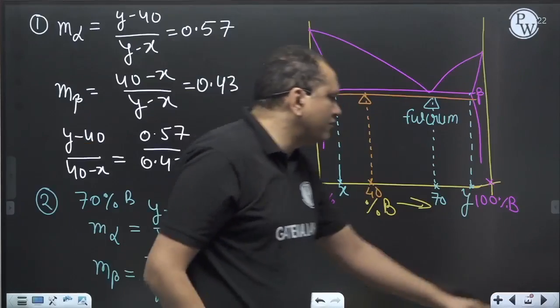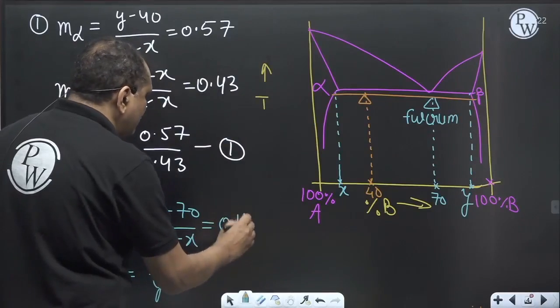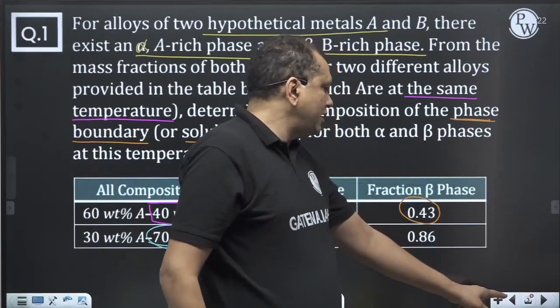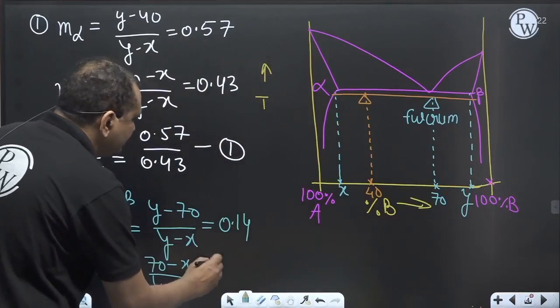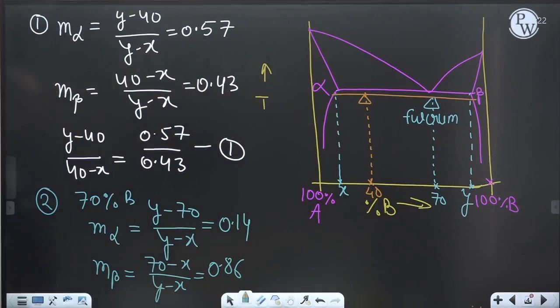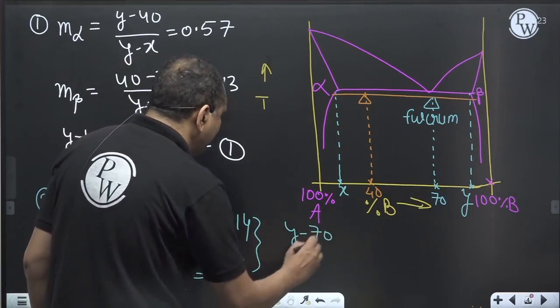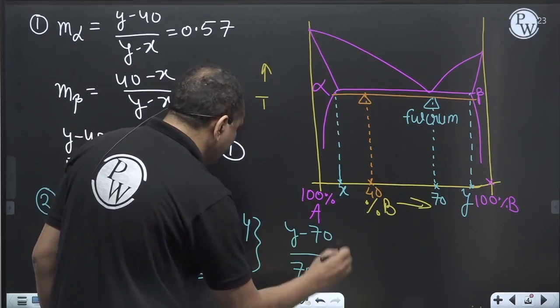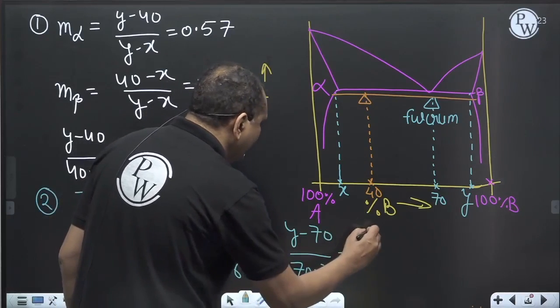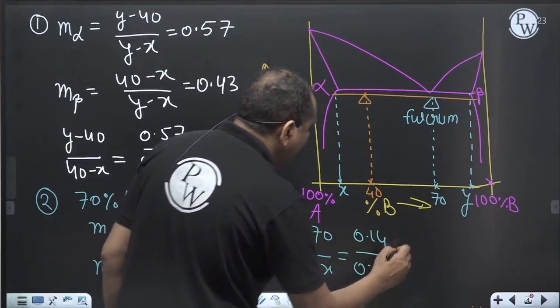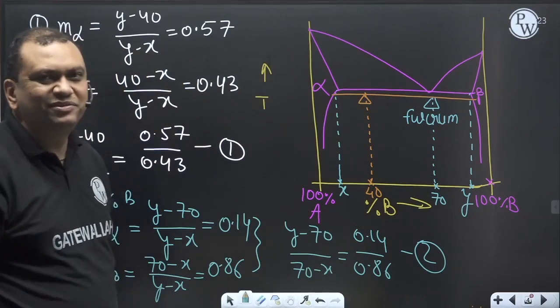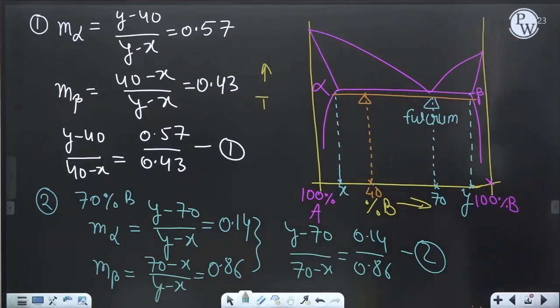Alpha is 0.14 and beta is 0.86. Now you do one thing, divide these two equations also. So y minus 70 divided by 70 minus x equals 0.14 divided by 0.86. Equation number 2.